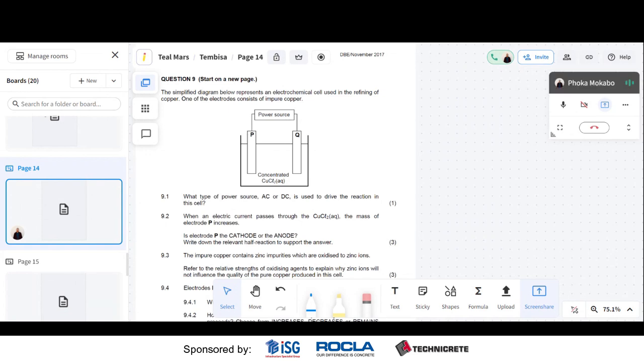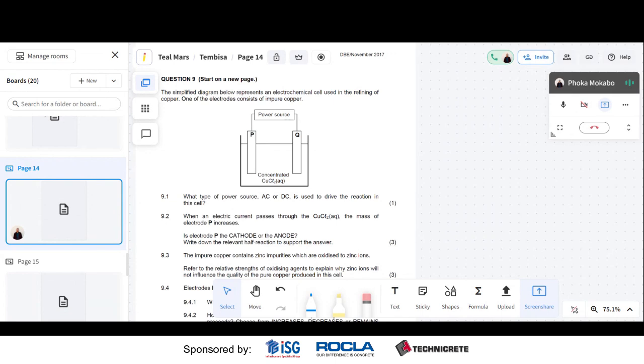And the problem with unrefined copper is, you would think it's very pure at 99%, but we refine it to about 99.95% just to ensure that the quality of the electrical wires that we use is very reliable.